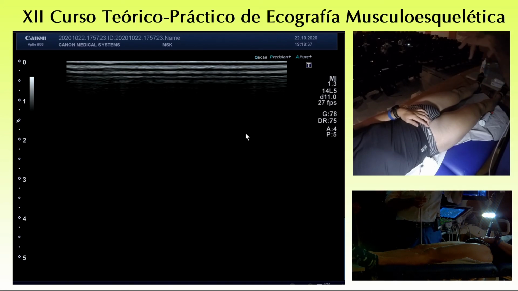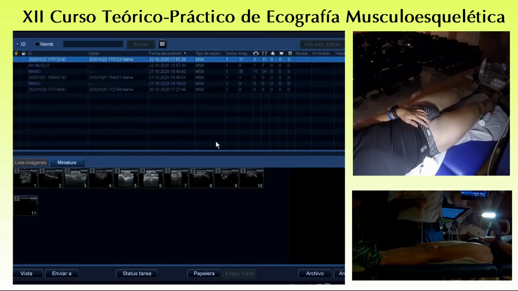The fact that there is fluid means there is another component that anchors the indirect to the capsule, and it is the reflected. But it is an indirect sign, not a direct visualization.